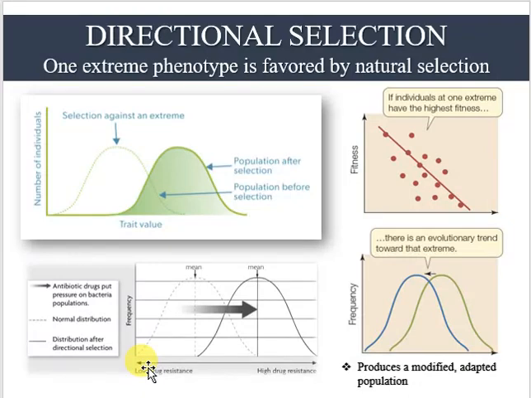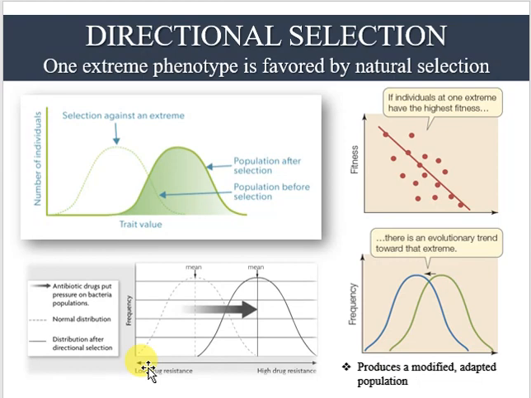All right, directional selection. So this is the third type of natural selection. This occurs when a single extreme phenotype is favored over any other phenotype. And it will actually cause a shift in allele frequencies in the direction of that phenotype.